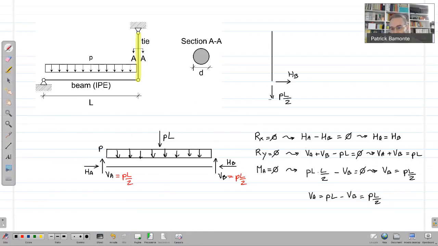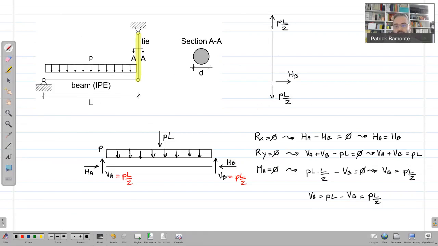So it's a tension, because you see it's directed downwards at this end, so this represents a tension, and this tension is clearly equilibrated by a tension force which is applied at the top. So as regards vertical equilibrium, I'm not writing the equation because it's very simple.